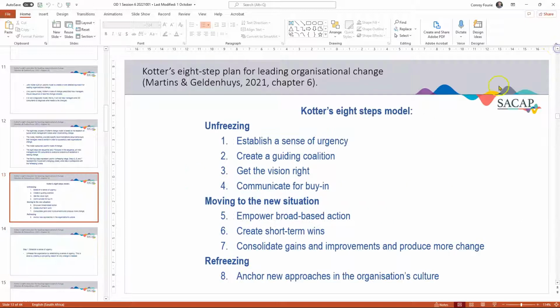I should stay there. And you can see how the textbook has framed the 8 steps of Kotter within the paradigm of Lewin's unfreeze, move to a new situation, and refreeze.